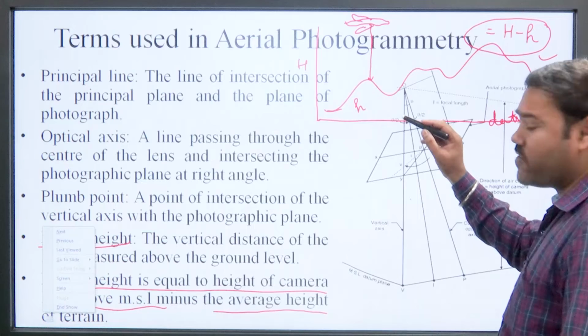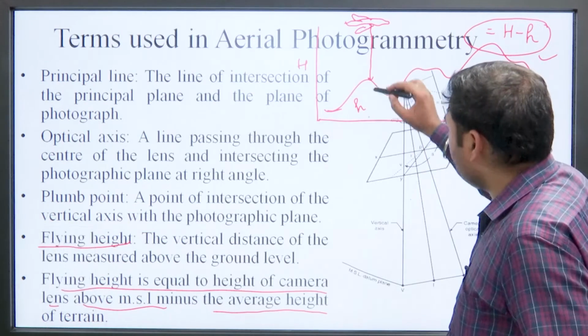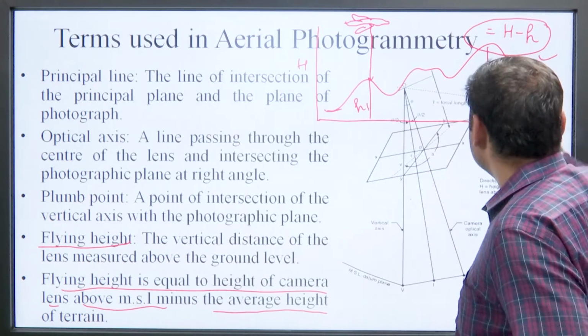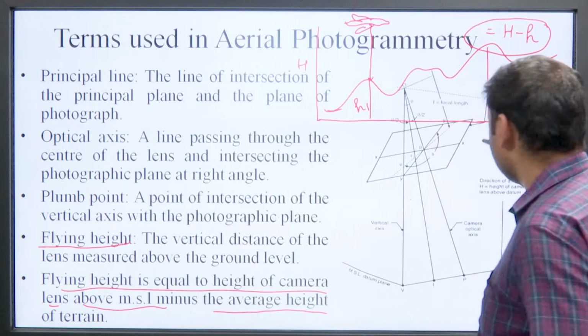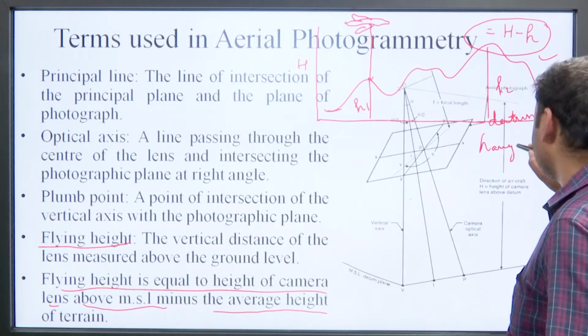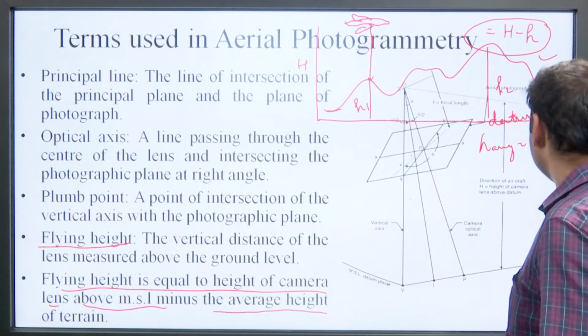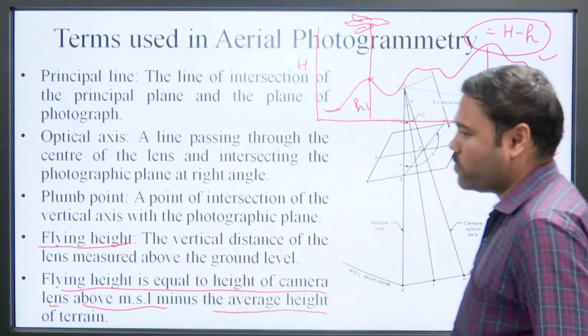Here we considered an average height because if it is h1 and h2, then the average height can be calculated as h1 plus h2 by 2.